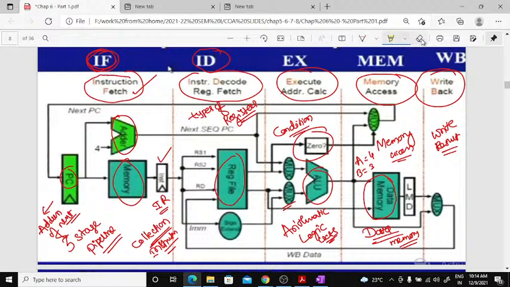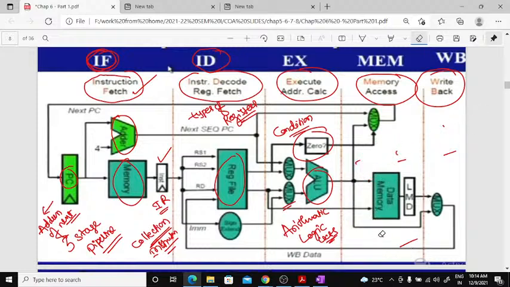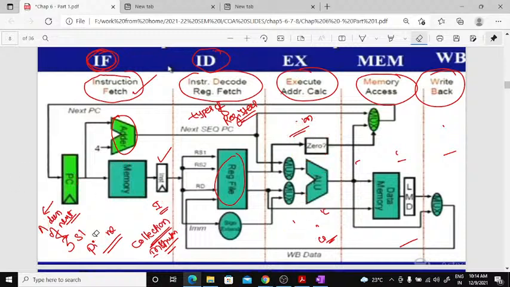Here you can see the circuit diagram, how the data path works. You can focus on the data path also.